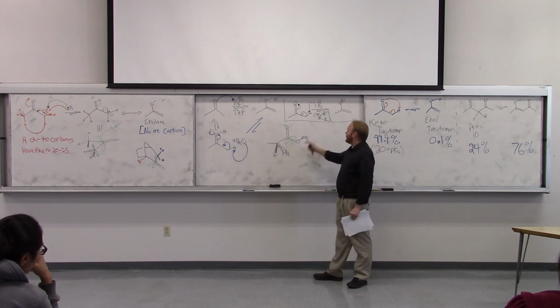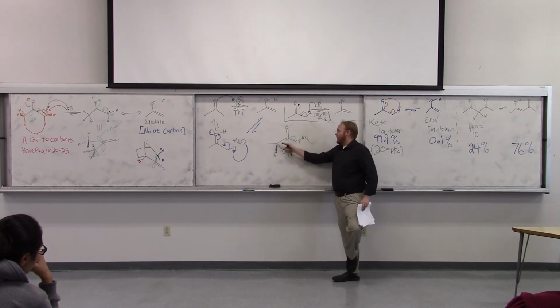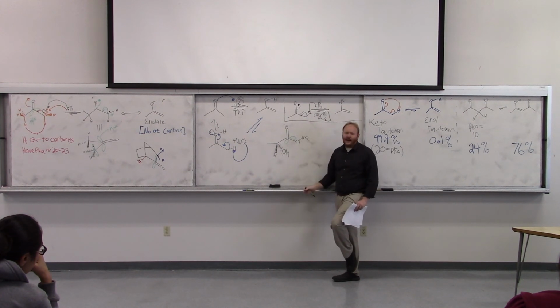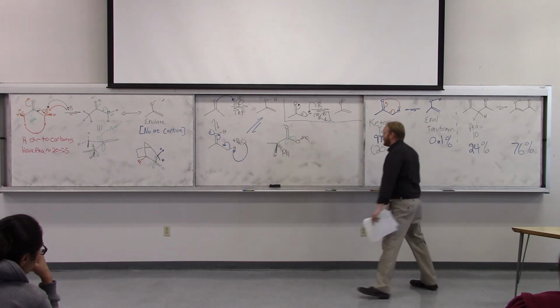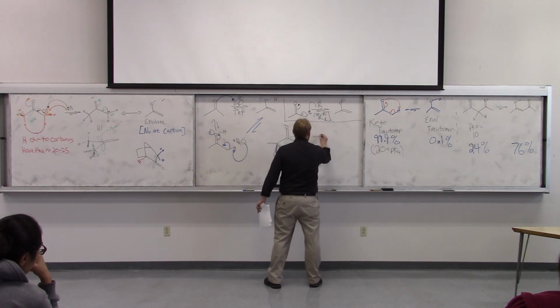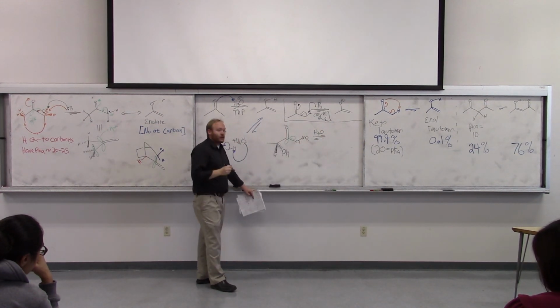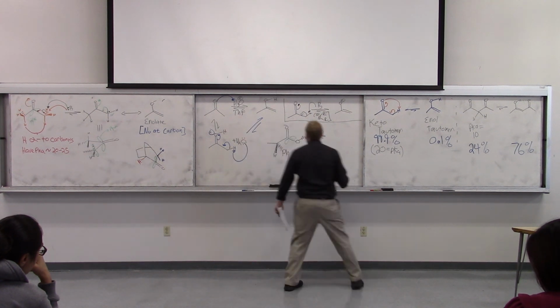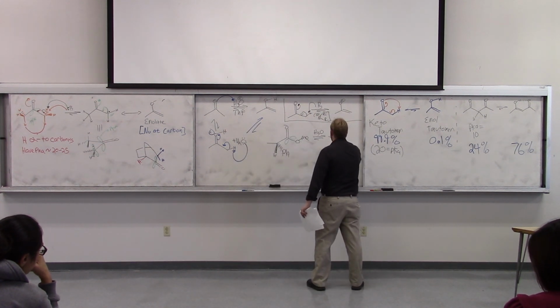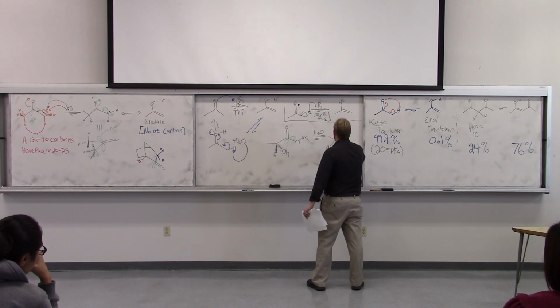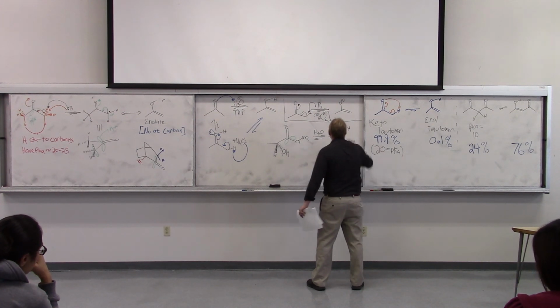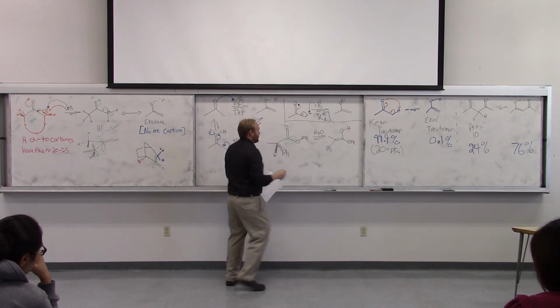So when we have a chiral alpha hydrogen, it turns out they're not that stereochemically stable under acidic or basic conditions. And so what I mean is, if you treat this to acid, we're going to get our enol like this.